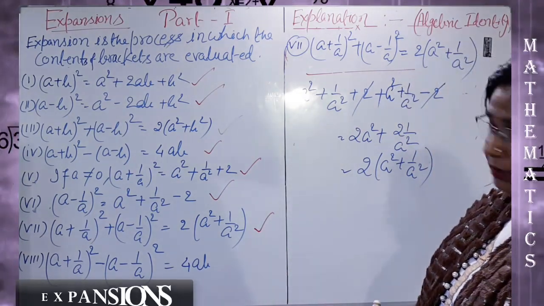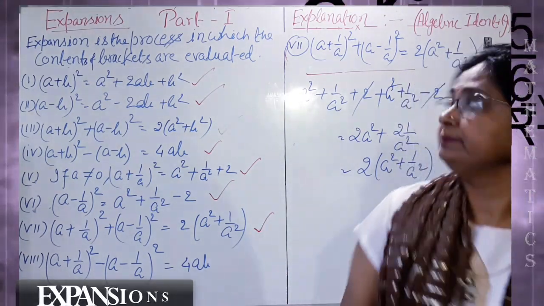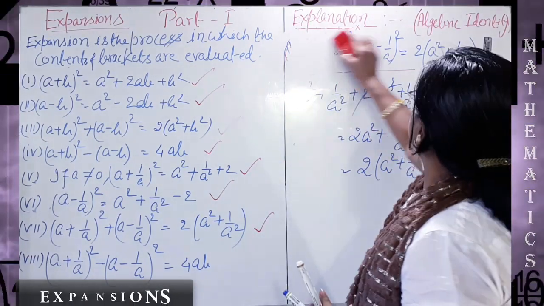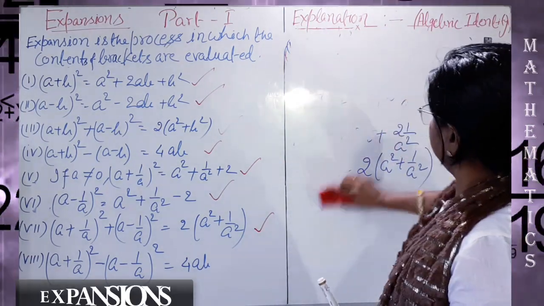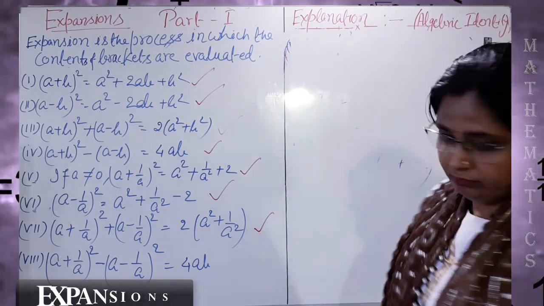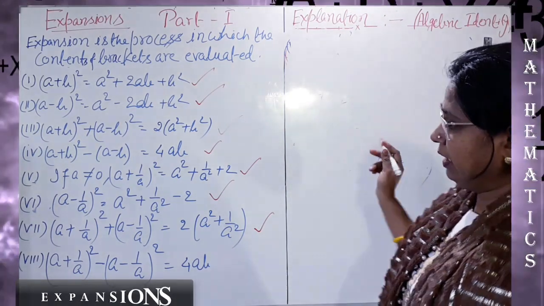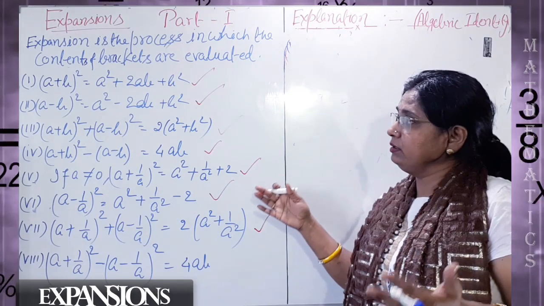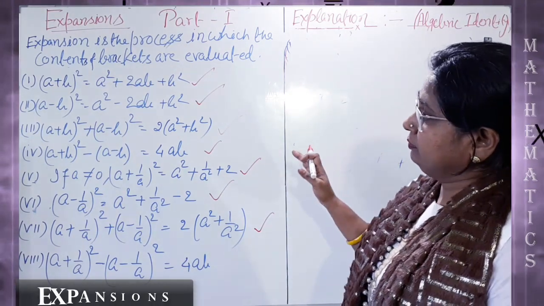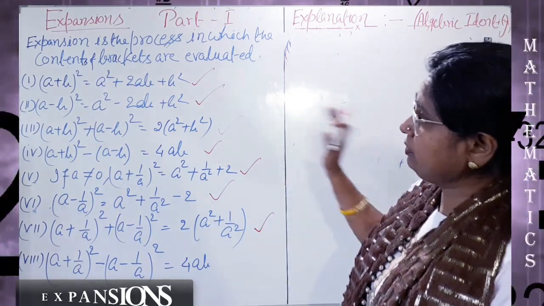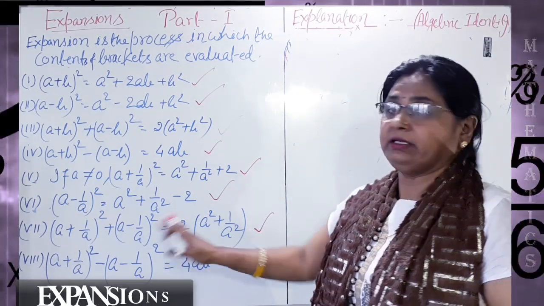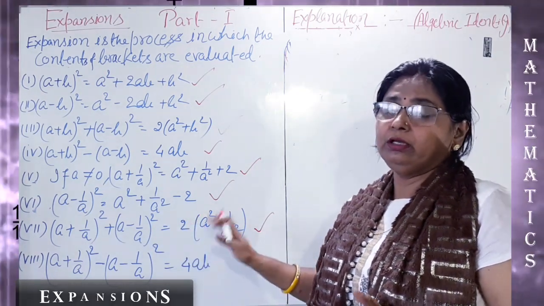Now eighth number. Here I am explaining how to get it, and from next time you have to remember all this, so you can directly put it in your application.